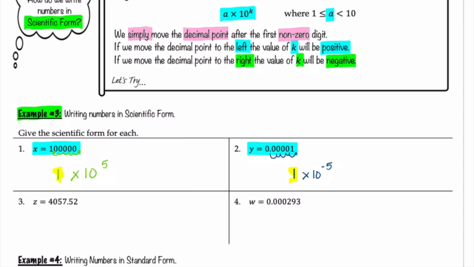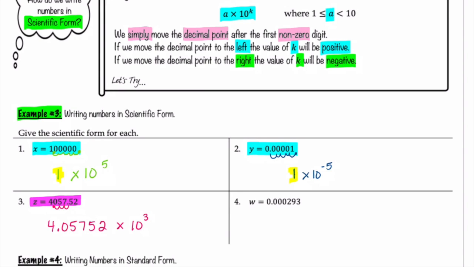For number 3, we have z is equal to 4,057.52. We are going to move the decimal point 3 places. So we have our new number of 4.05752 times 10 to the 3rd power, because we only moved it 3 times.